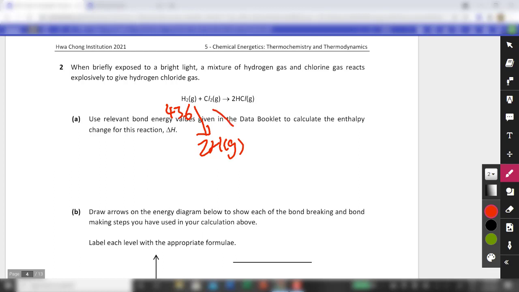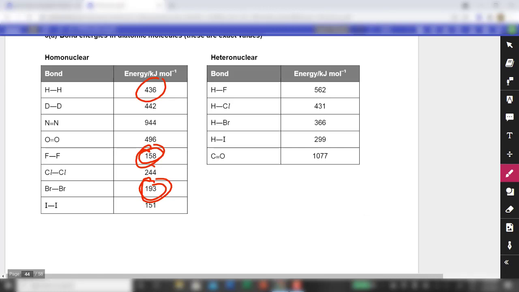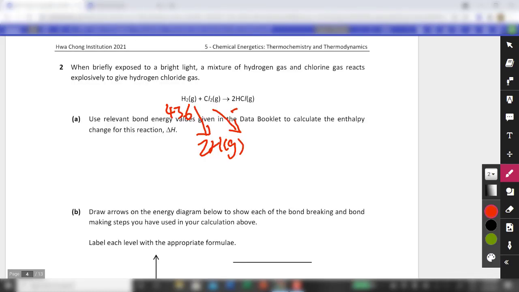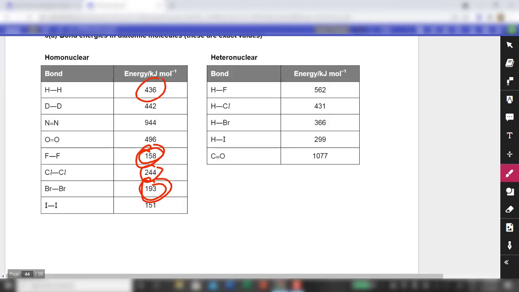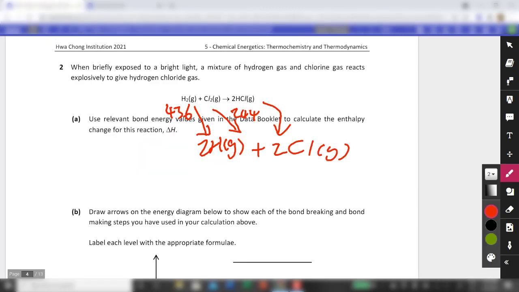Okay, and then for Cl2, that's 244. So that's 244 plus 2Cl gaseous, and then when I break 2 equivalents of HCl, it's actually 431. So that's 431 times 2.